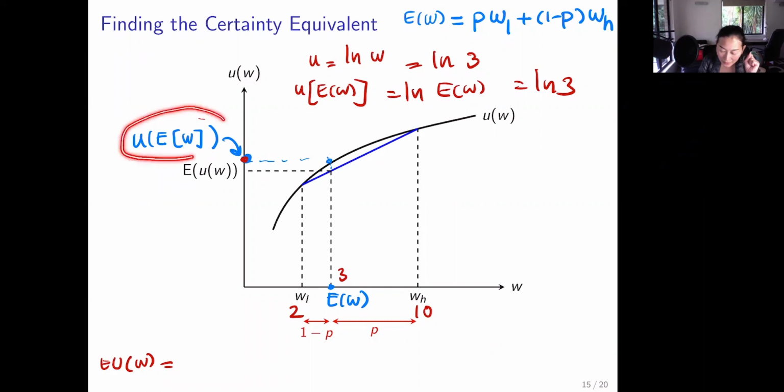And you can see that this is a concave utility function because the utility of the expected wealth is actually higher than the expected utility. So this is the expected utility value, EUW.